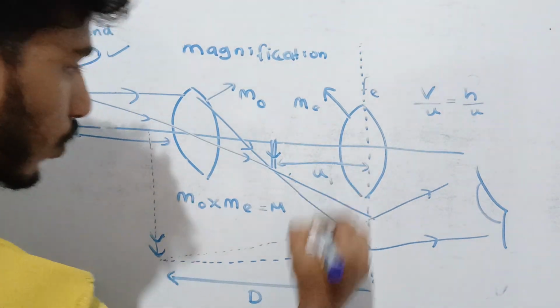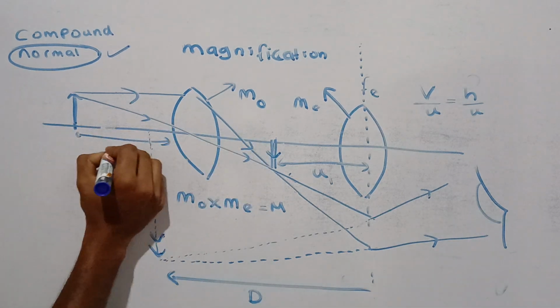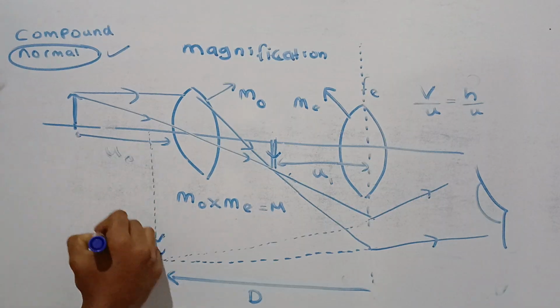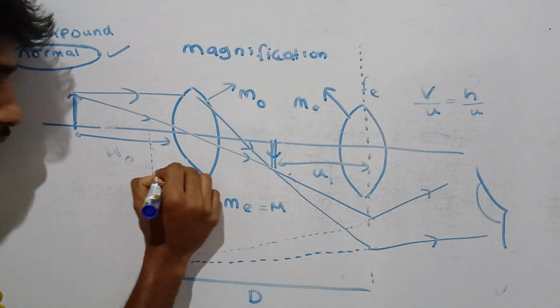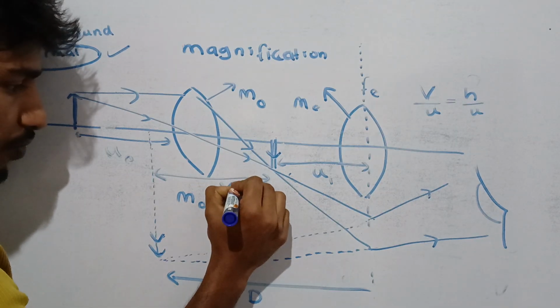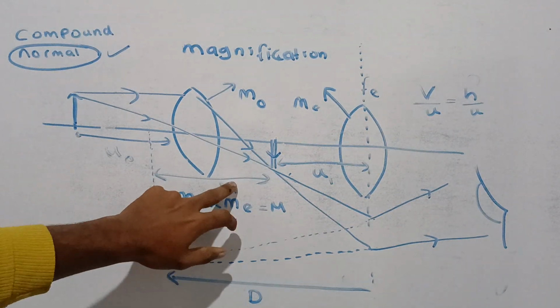Let's say it is u1. The objective lens object is placed at a certain distance, let's say u0, and the image is being produced here. Let's say it is v1.